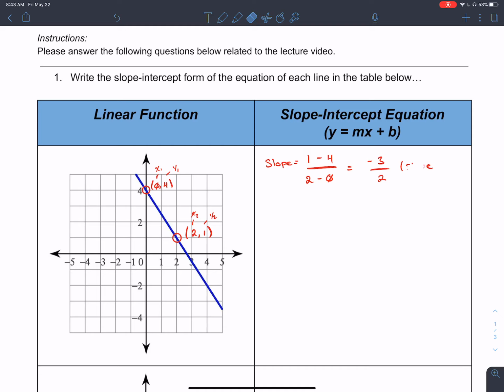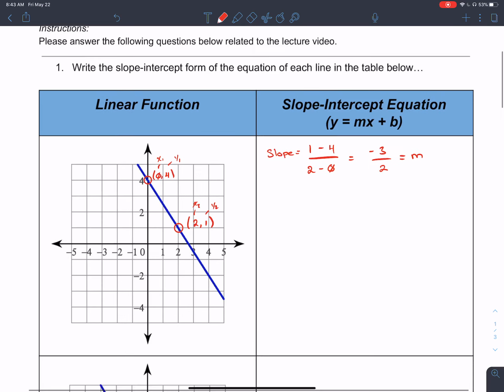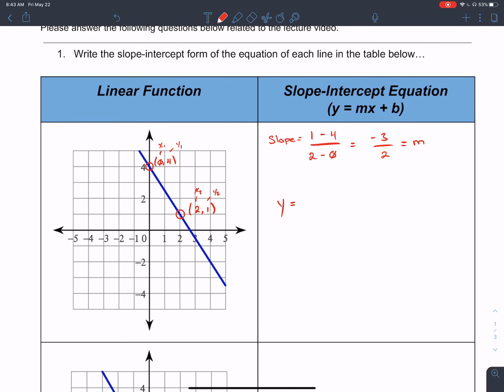And remember, our slope equals m for our y equals mx plus b equation. So we can write that out. We have y equals negative 3 over 2 times x plus b. And now we need to figure out what b is. You can do 2 things here.